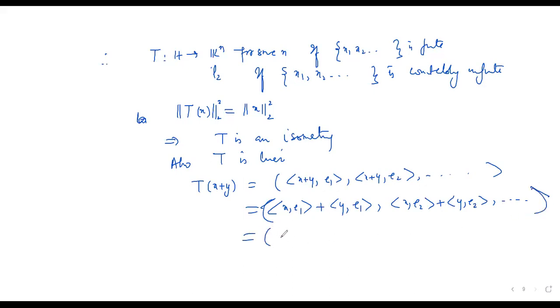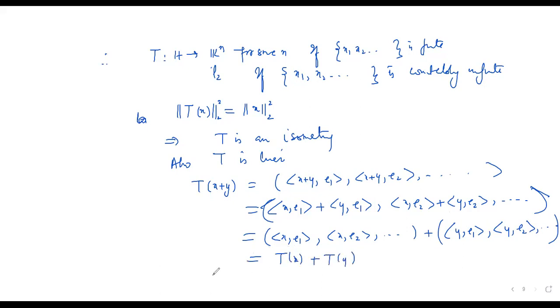That would be equal to (x,e1), (x,e2), so on and so forth, plus (y,e1), (y,e2), so on and so forth. This vector is Tx plus Ty. और इसी तरह से तुम लिख सकते हो कि T of alpha x is equal to alpha times T of x. So T is linear and isometry, and we are done. And it's automatically a bijection also because it's an isometry.